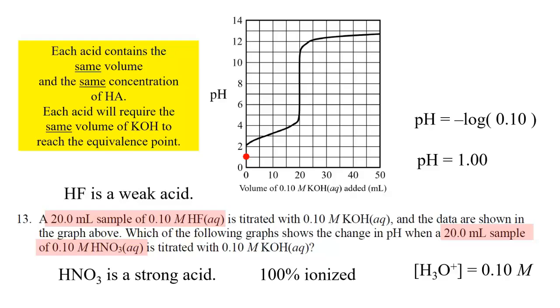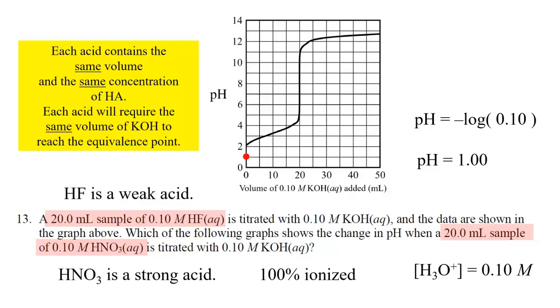Now, as you can see, highlighted in yellow on the left side of the slide is the important point that I made back in question 11 earlier in this video. It doesn't matter whether one acid is strong and the other acid is weak. It's not about the relative strength of the acids. It's about the number of moles of the acid. So each of these acids contains the same volume, same concentration of this monoprotic acid.